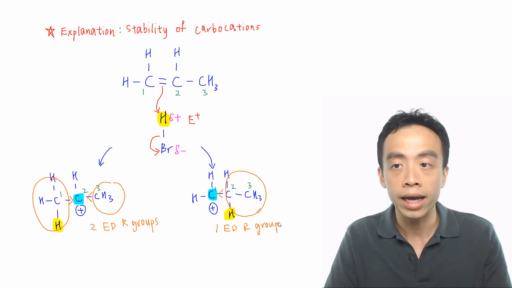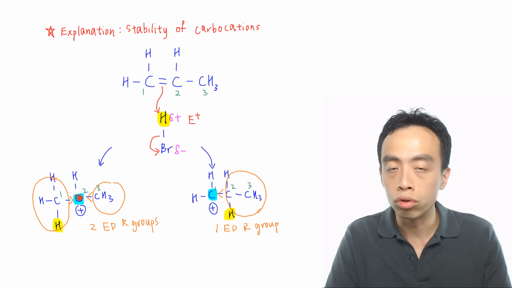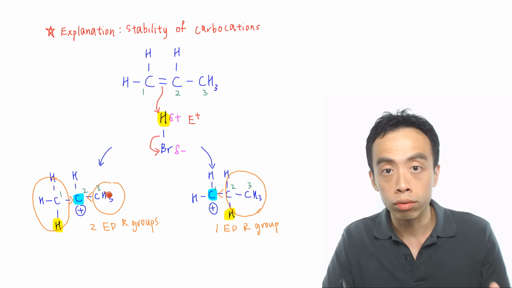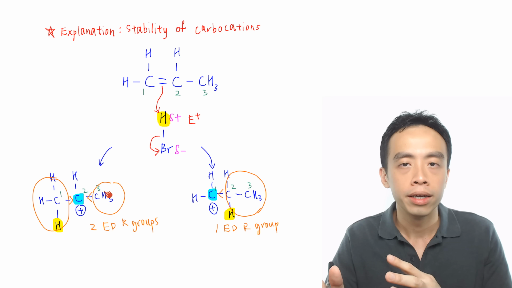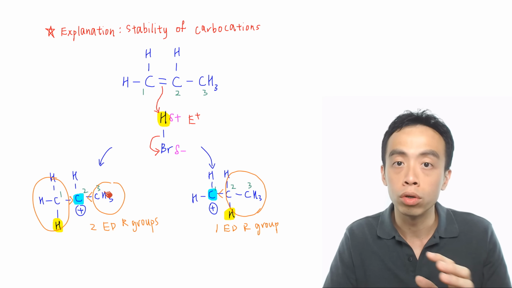Now if I compare the size, actually this R group is a bigger group than the other two groups, but when there's a difference in the quantity, we focus on the quantity. More donating groups will in total donate more electrons than fewer donating groups. So when there's a difference in quantity, we focus on quantity, we don't look at size.